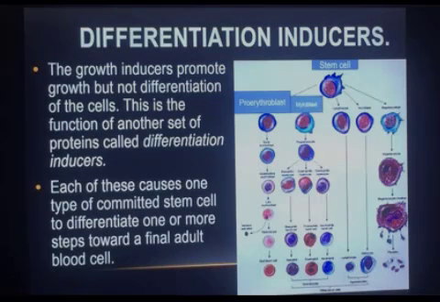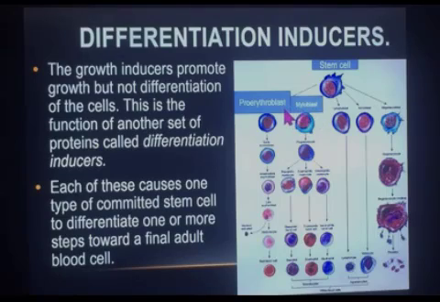Each of these causes one type of committed stem cell to differentiate one or more steps towards a final adult blood cell. For platelets, one step occurs in the megakaryocyte, and from the megakaryocyte there is shedding of the platelets.